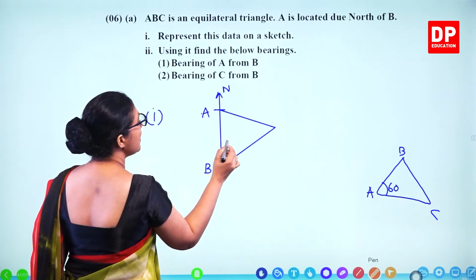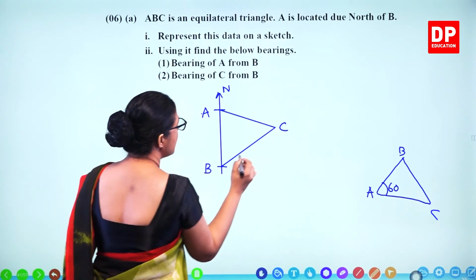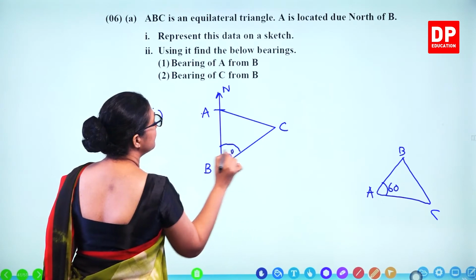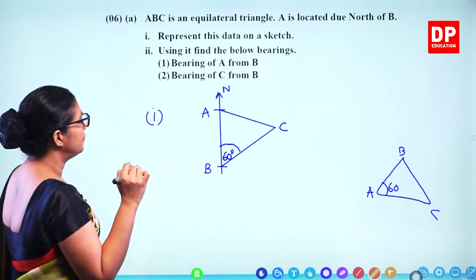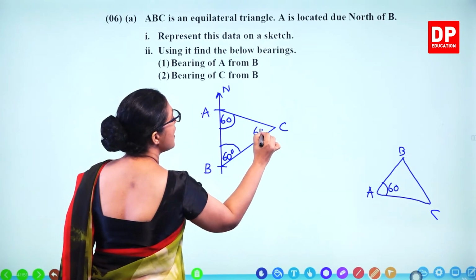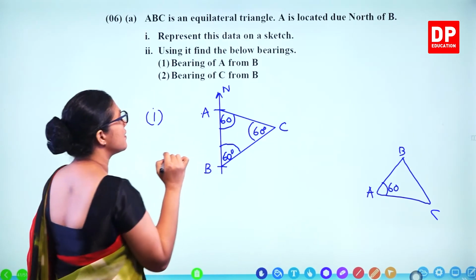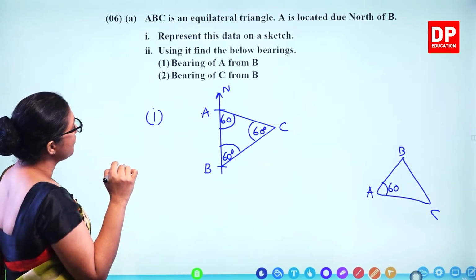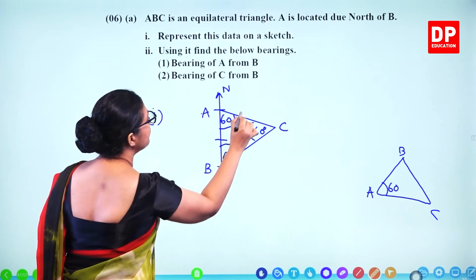So all lengths are equal and we'll mark it C. This means 60 degrees, and this is also 60. All these 3 angles are 60 degrees. So that's the sketch and all lengths are equal.